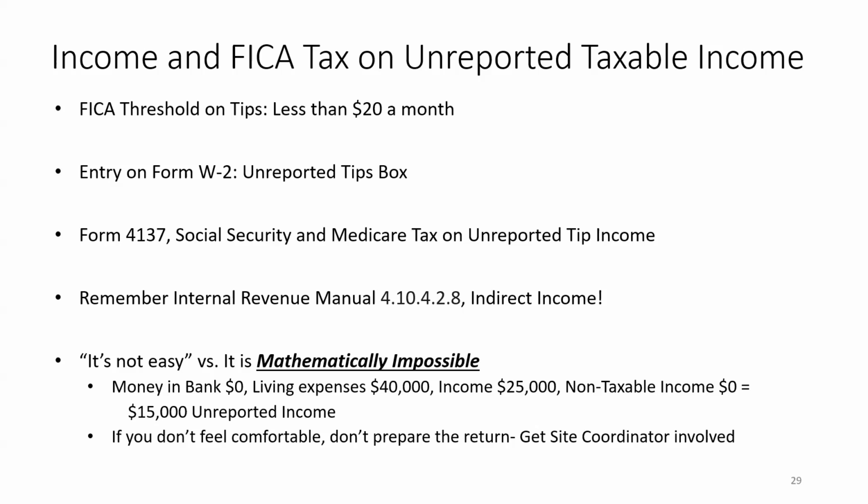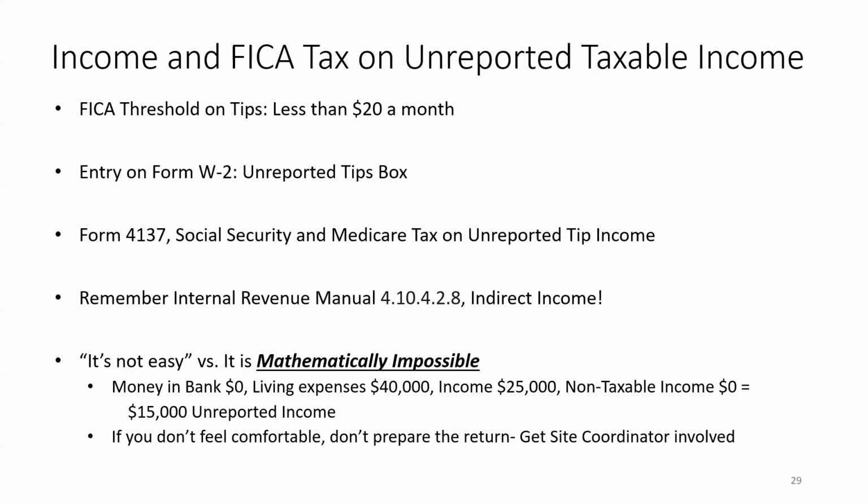You'll probably see it at your site, where individuals will come in and you are looking at their income of a certain amount, and everybody has living expenses. Let's say the individual has no non-taxable sources of income. We do the quick math and say, wait a second, how are you living in Orange County, California?